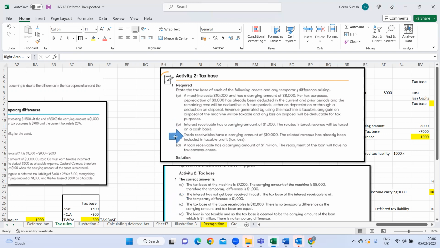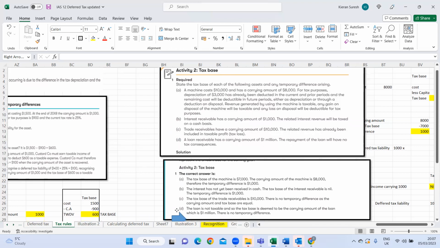Next one, trade receivables have a carrying amount of 10,000, and the related revenue has already been included in the taxable profit. What they're trying to say here is that the tax base of the trade receivables is also 10,000.